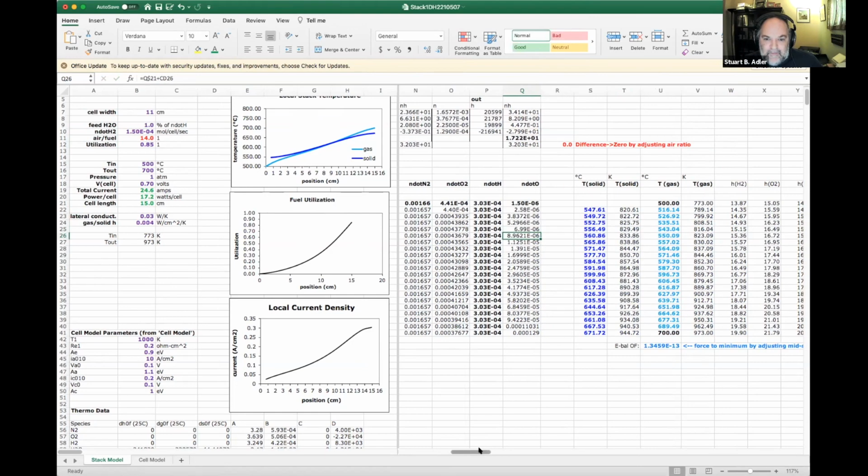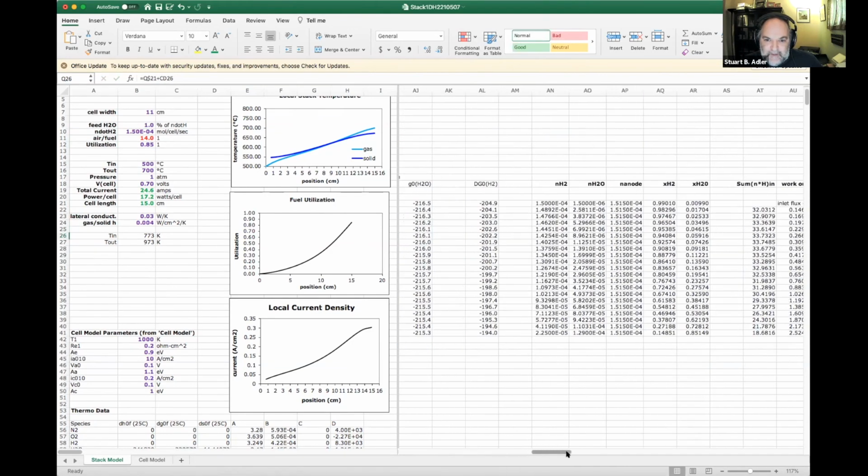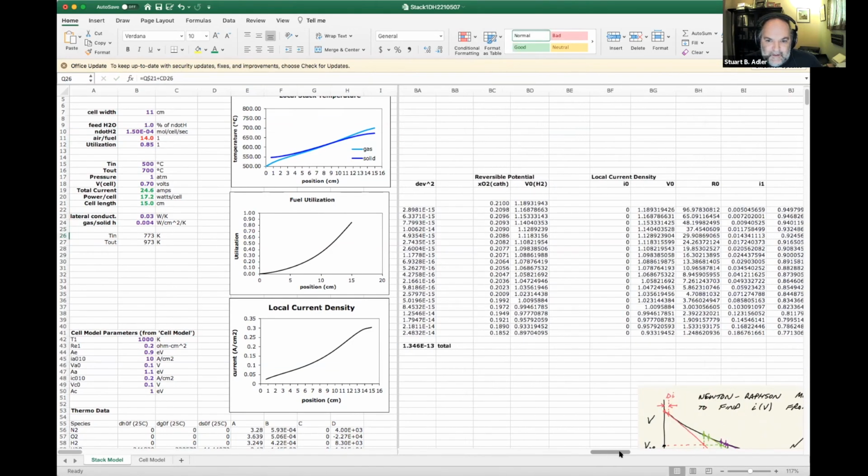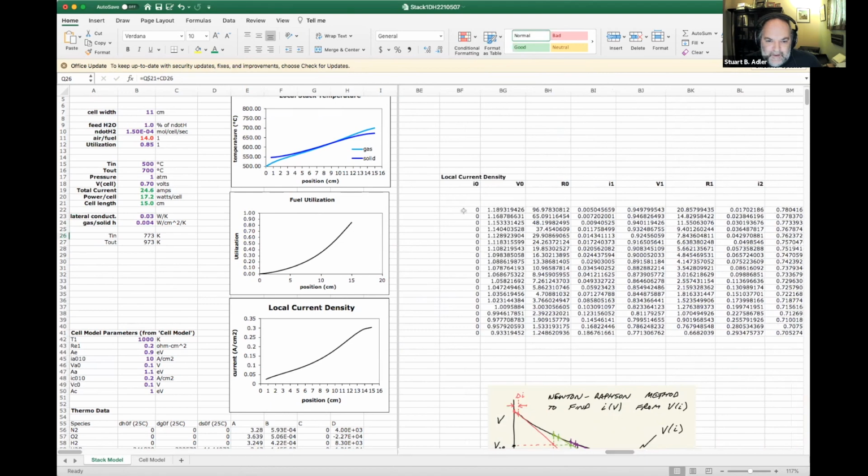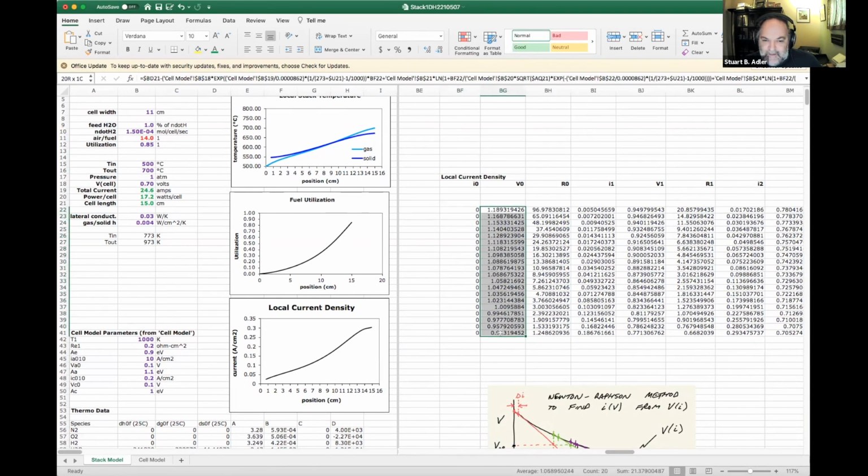The Newton-Raphson part that I was just describing to you is over here, where we initially guess a current density of 0. Based on that, we calculate the voltage at that current density.